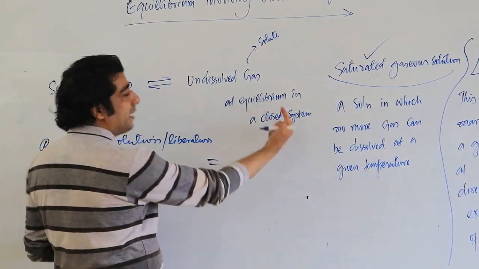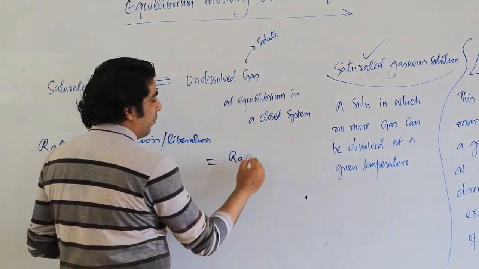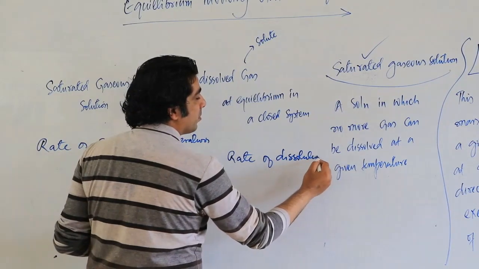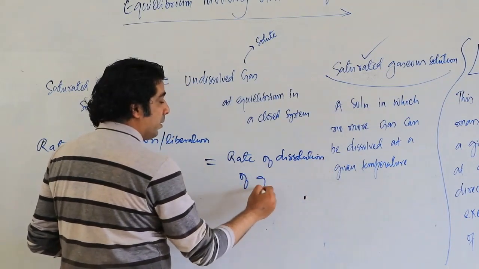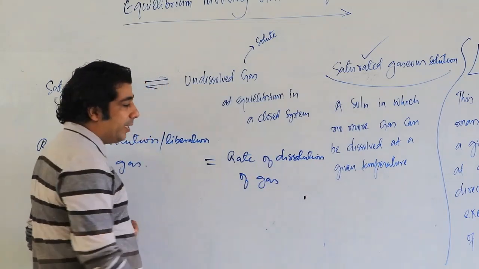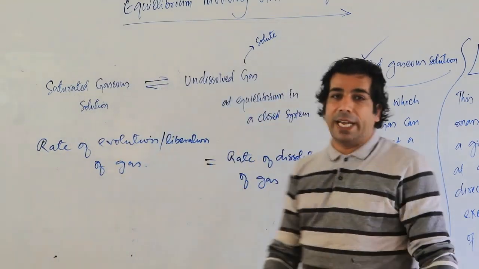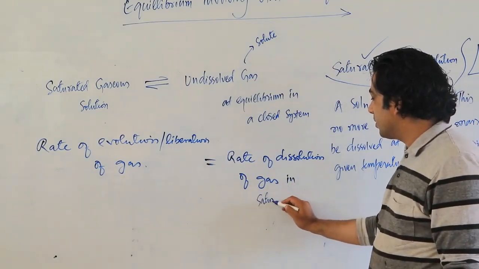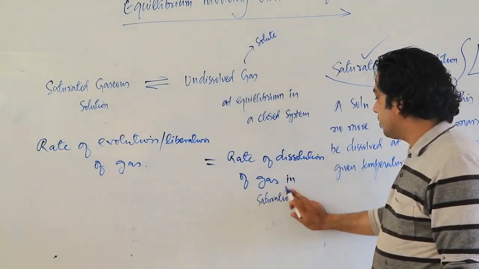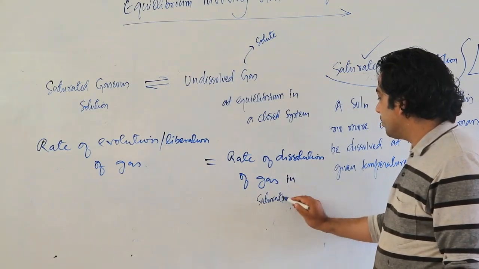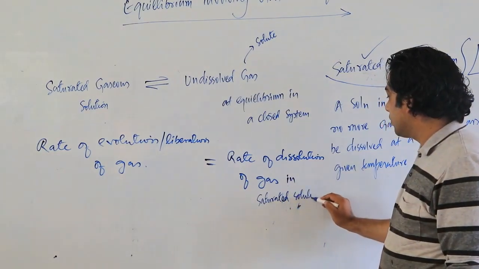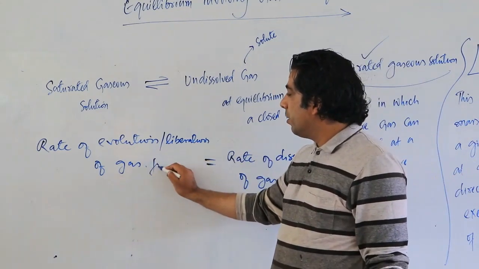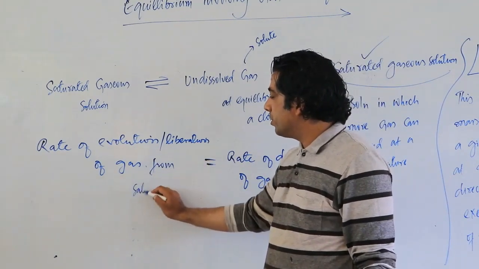My dear friends, this has to dissolve. Rate of dissolution of gas. Okay, so rate of dissolution of gas in which solution, my dear friends? In saturated solution. This is the rate of evolution of gas from saturated solution.